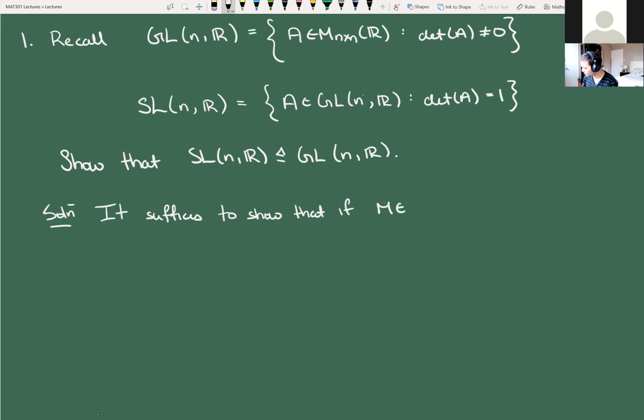Let's call it M, is in GLNR, then M SLNR M inverse is a subset of SLNR, right? And this is being done for an arbitrary matrix M in GLNR.